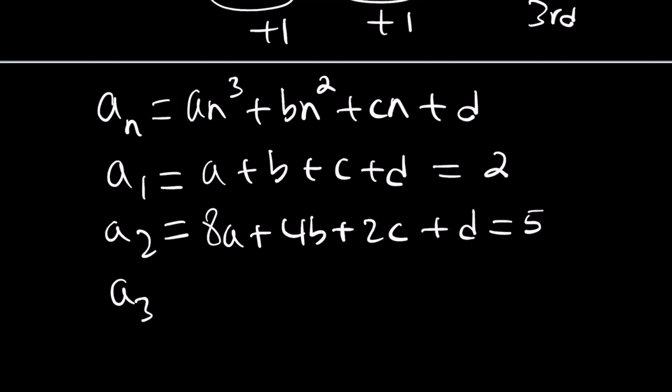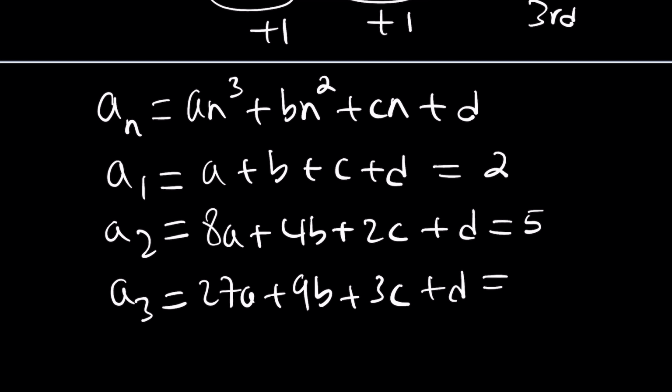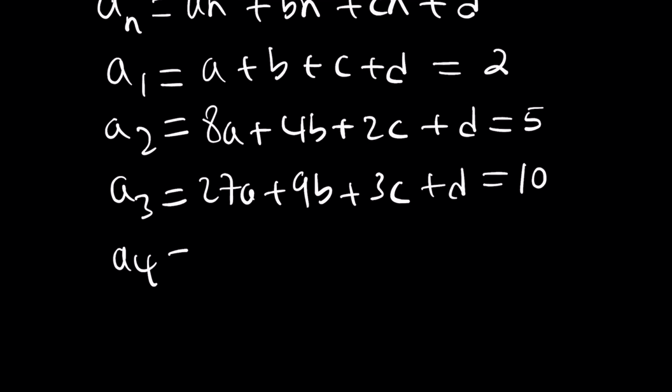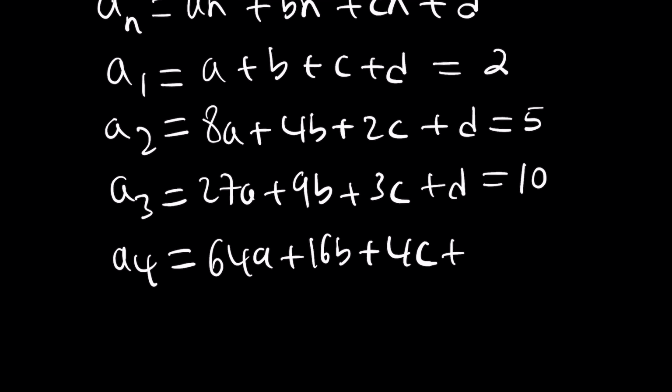And then a_3 is just going to be 27a plus 9b plus 3c plus d, and as you know, that's going to be 10. And then a_4, we only need 4 equations, don't we? 4 cubed is going to be 64a, and then 4 squared is going to be 16b, plus 4c plus d, and that is going to equal 18.